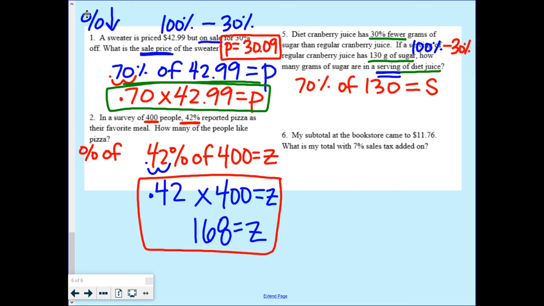We divide by 100 to convert this to a decimal. Because I'm finding 70% of 130, I'm going to multiply that. And then I solve. And this gives me 91 grams of sugar.